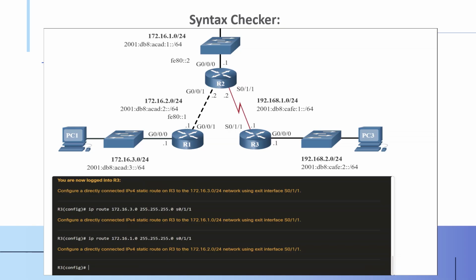Now we have to configure a directly connected static route on router 3 to reach the network between router 1 and router 2, which is the remote network for router 3, by using the exit interface again. And so the command is ip route 172.16.1.0 followed by the subnet mask and followed by the exit interface.